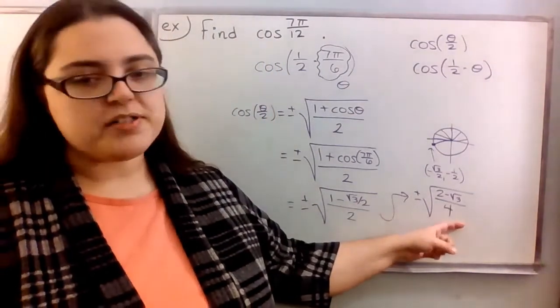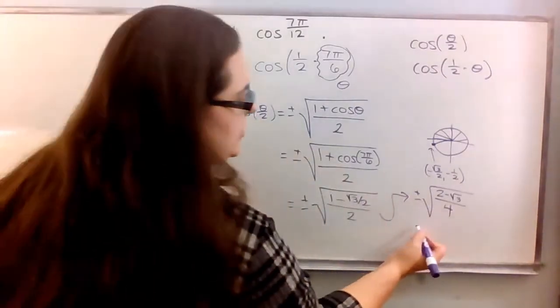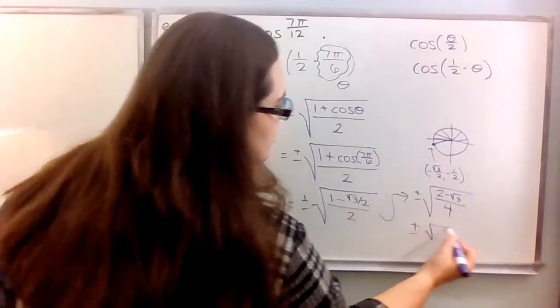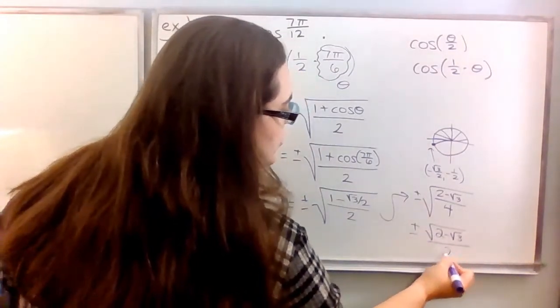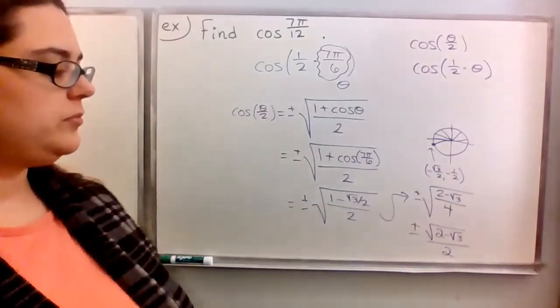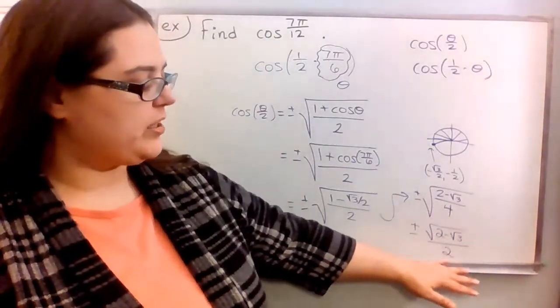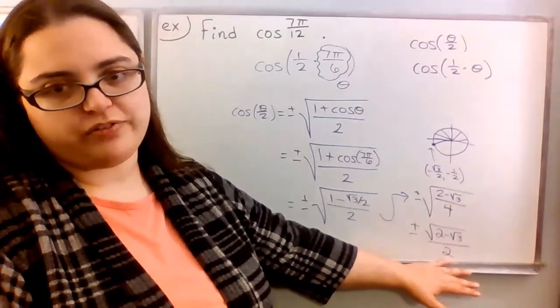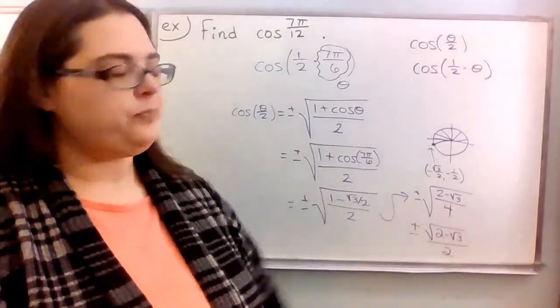And because 4 is a perfect square, we can reduce this one level down and write this as plus or minus the square root of 2 minus root 3 all over 2. So we're almost done, but this would be the extent to which I'm going to expect you to simplify the radicals. So we can just leave it in this format, that'll be fine.